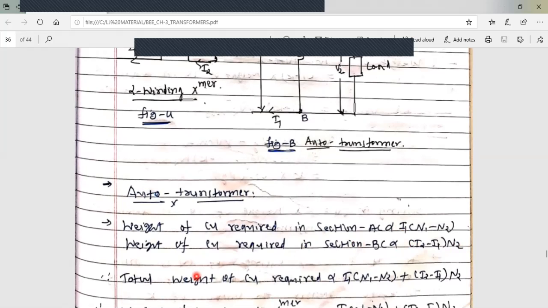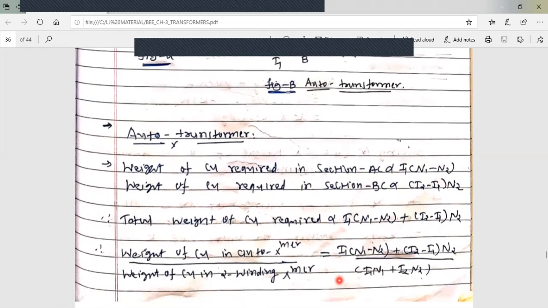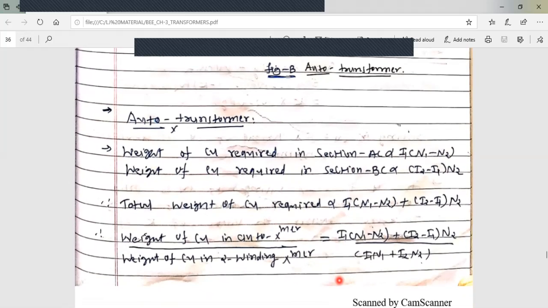So we can say that the total weight of copper required in the auto transformer is directly proportional to the addition of these two: I1 into N1 minus N2 plus I2 minus I1 into N2. Now we will take the ratio of both transformers, weight of copper in auto transformer upon weight of copper in two winding transformer.